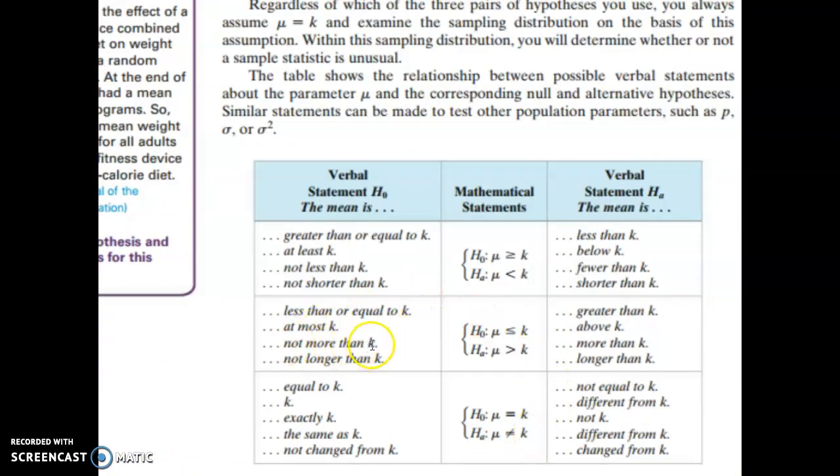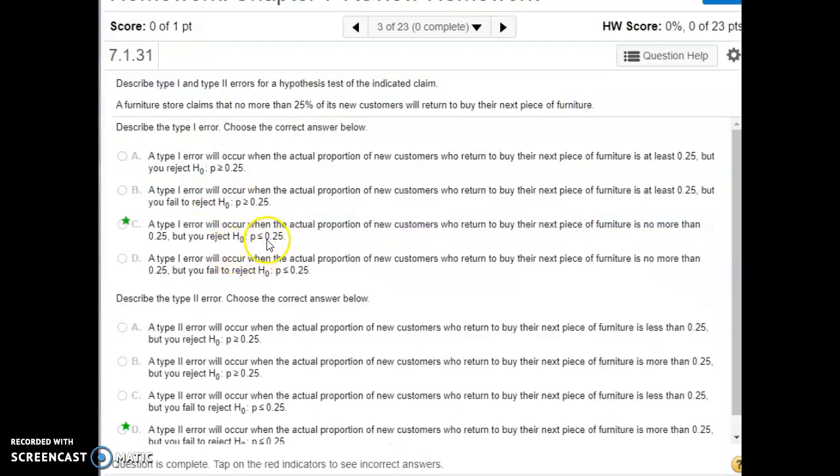Not more than a certain value, no more than 25%, will give us a less than or equal to 25%. That statement of equality always goes with the null hypothesis. So in this case, we would have a less than or equal to null, which makes our alternative a greater than. So our null is less than or equal to 25%.